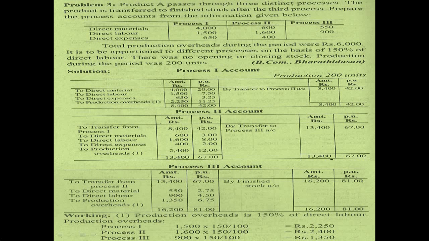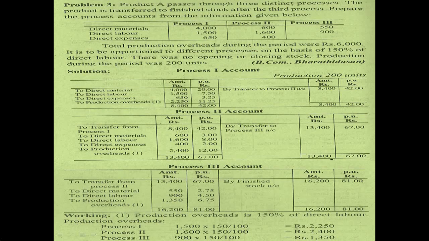Then you divide everything by 200 units: transfer from process 1 is 42, direct material 3, direct labor 8, direct expenses 2, then production overheads 12. Then you add all this on the debit side, unit as well as amount column, and transfer to the next process. That is 13,400 in the amount column, then 67.